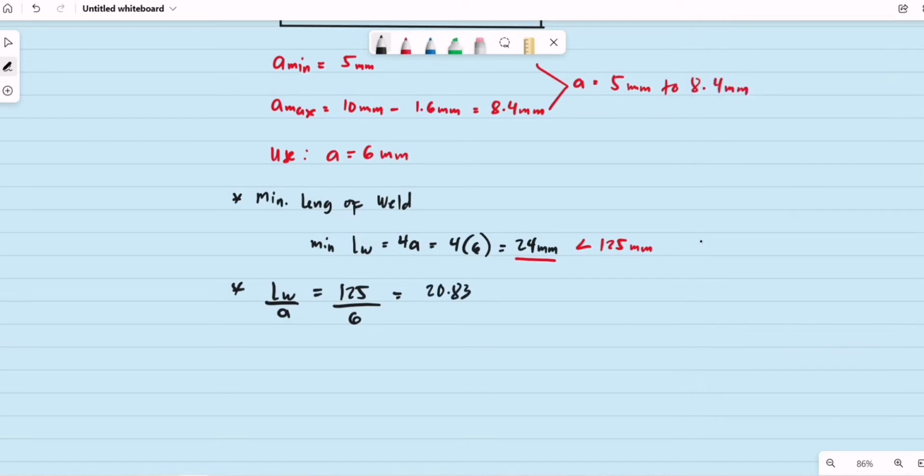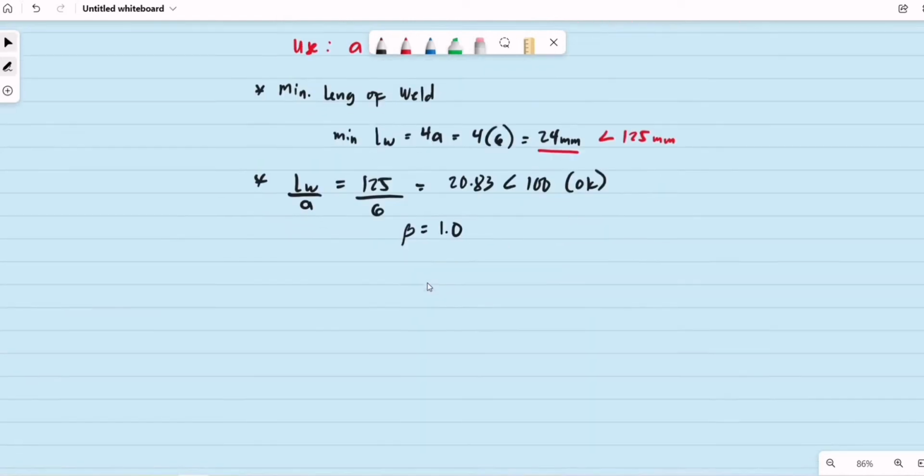The limitation on the ratio of the length of the fillet weld to the leg of the weld, L sub W over A, should be less than 100. So we satisfy that condition. For this case, the value of beta should be equal to 1.0.